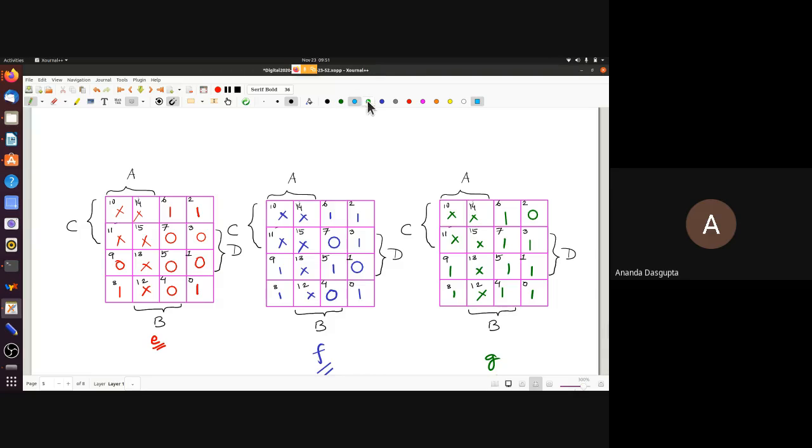I will get B bar, C bar, D bar. For these two ones, I will get A bar. They're both outside A, right? A bar, and then B will not feature, but it will be C, D bar. Is everybody clear about that?